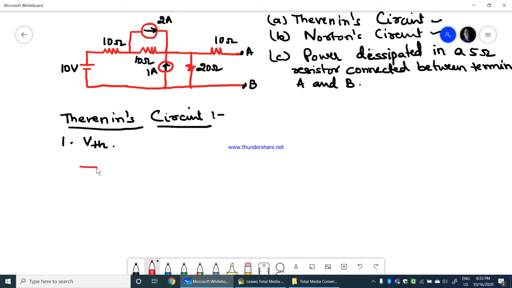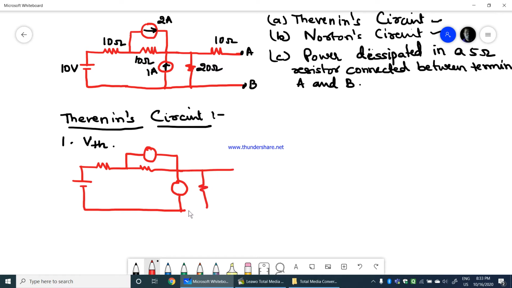So for that I will write the circuit again. So this is plus, this is minus, and VTH is obtained across this open circuit.